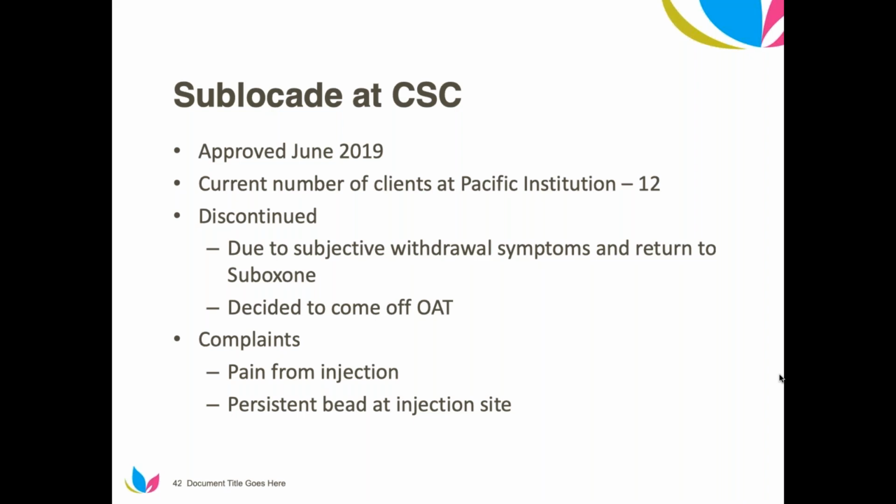Yes, and so within the Pacific region, so British Columbia, there are roughly 2,000 plus federal inmates. Of those 2,000 plus federal inmates, about 400 plus are on OAT. Of those 400 plus, about 30 are on Sublocade.